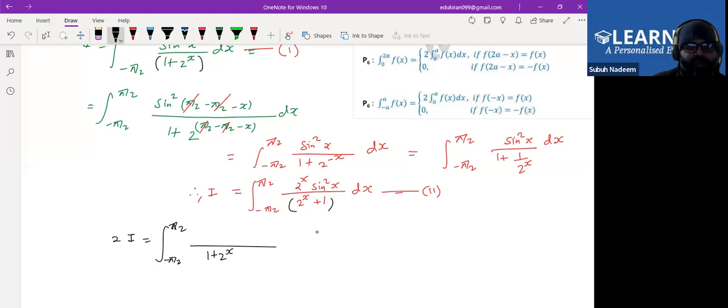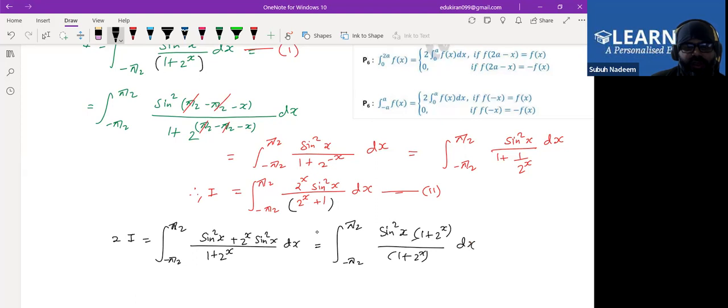And the numerator is sine square x plus 2 to the power x sine square x dx. So this is how we can write it. Now you take sine square x as common. So 1 plus 2 to the power x by 1 plus 2 to the power x dx. And this will get cancelled. So it is integral from minus pi by 2 to pi by 2 of sine square x dx.